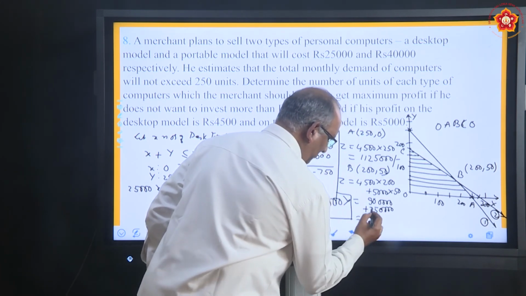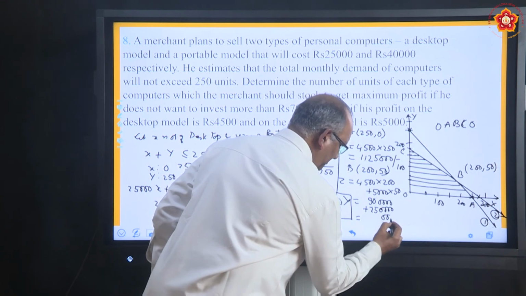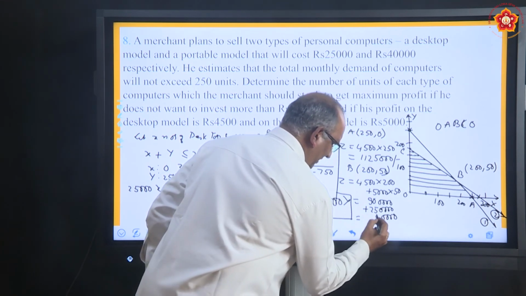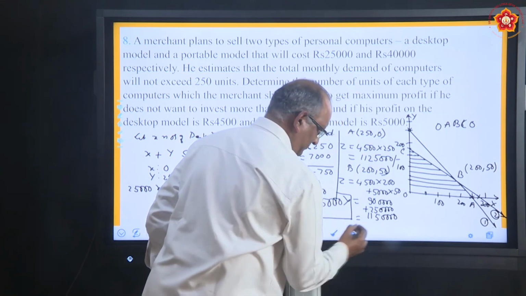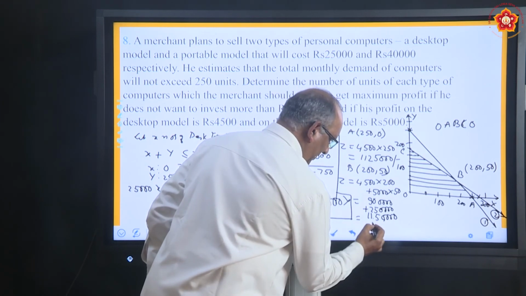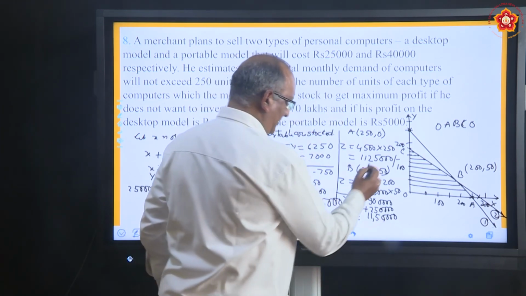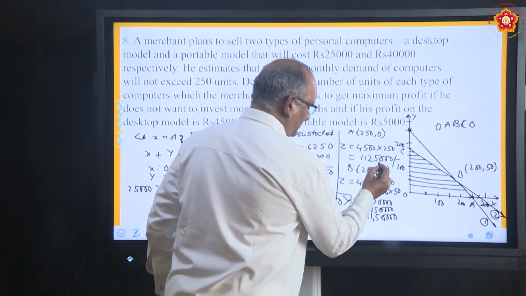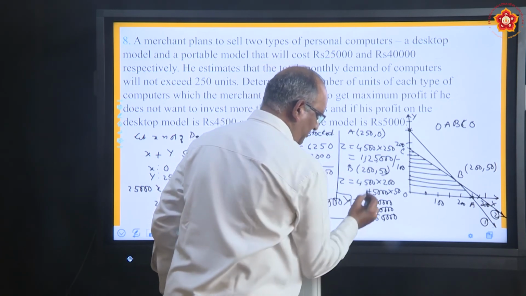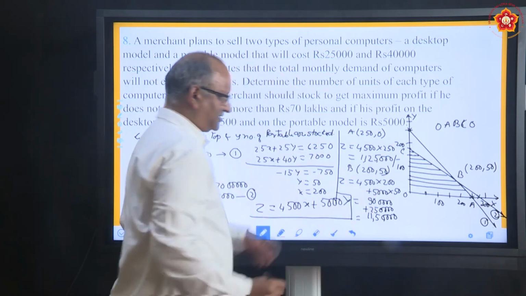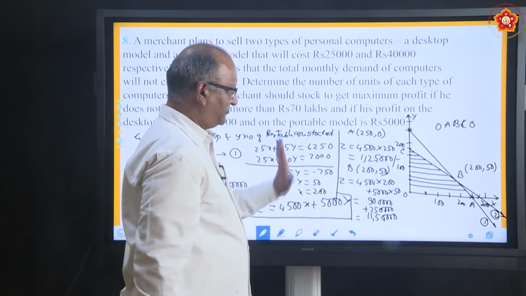So the total is how much? 4 zeros, 5, 9 plus 2, 11. 11 lakhs 50,000. In this case, what was it? 11 lakhs 25,000. See the difference, very small difference. This is 25,000, this is 50,000.